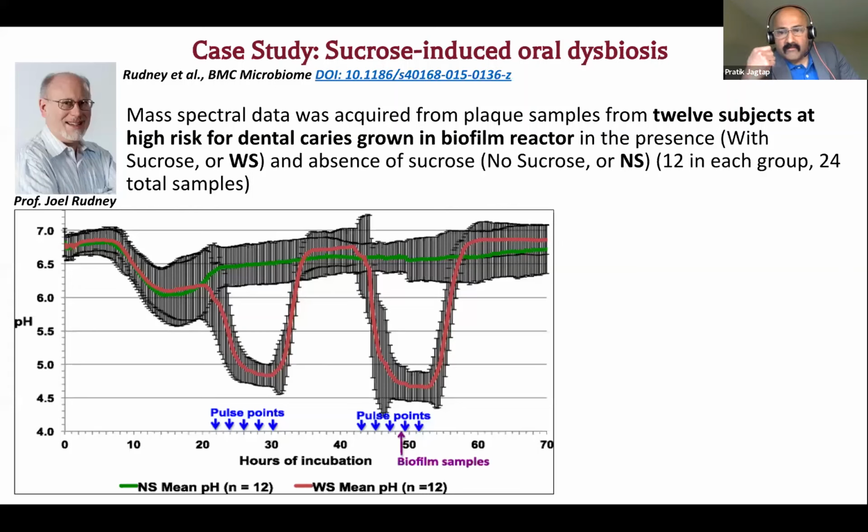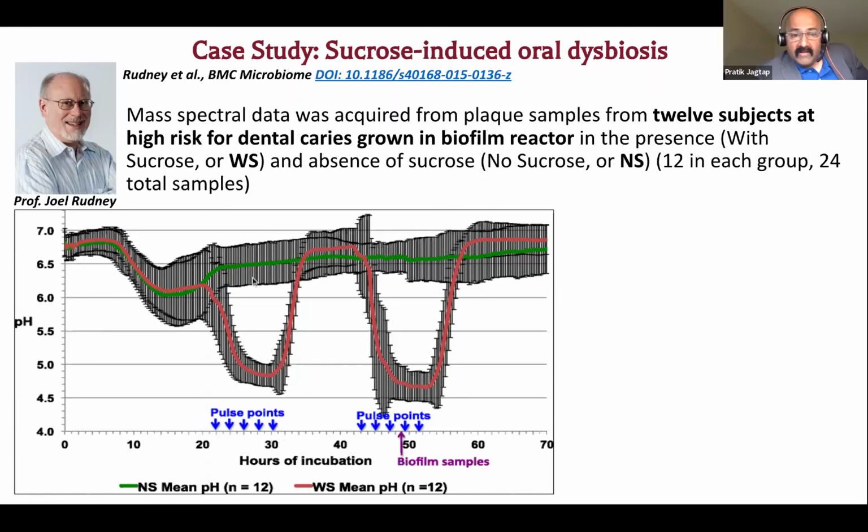The plaques were collected and then grown either in presence of sucrose or in absence of sucrose. They were grown in bioreactors, and here are shown the pH values of the bioreactors as they are grown, and the points at which sucrose was introduced.